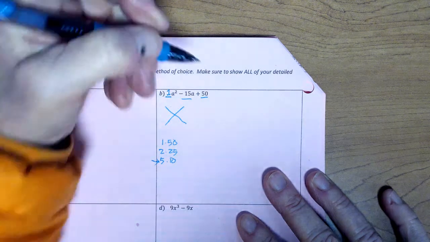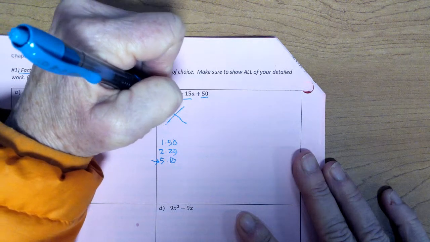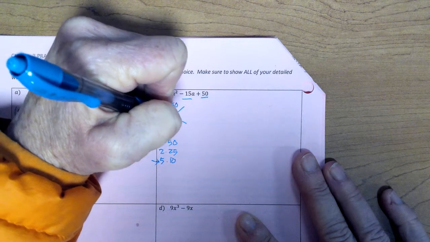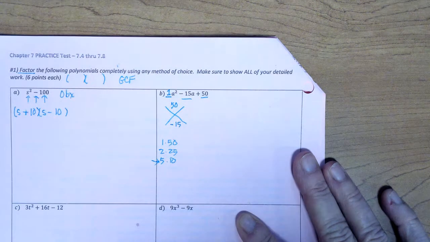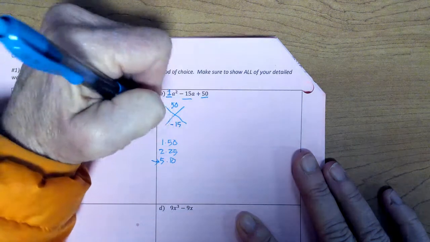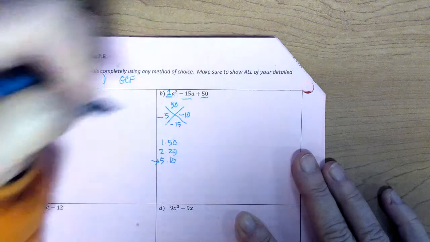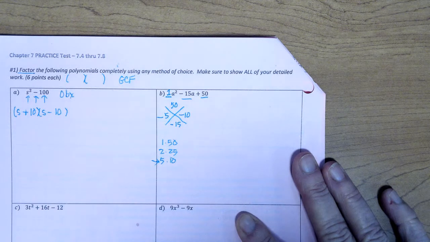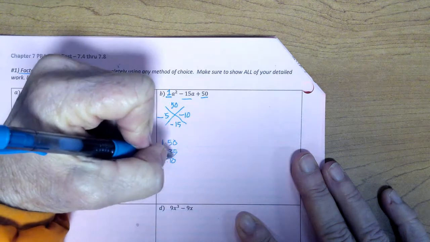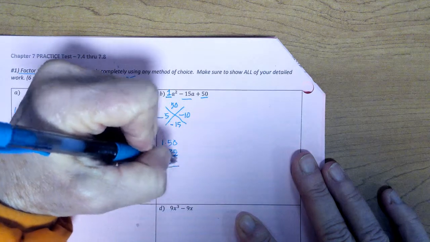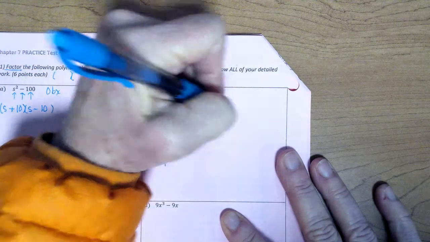But now I've got a question. I've got positive 50. I need to get to negative 15. So what do I need to do? I have 2 negative numbers, because negative times a negative is a positive number, and when I add those 2 together, I get negative 15. So I know I've got 2 factors.